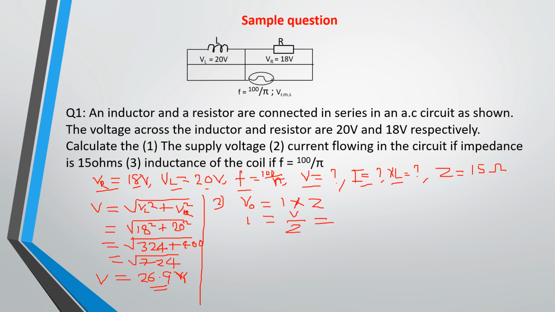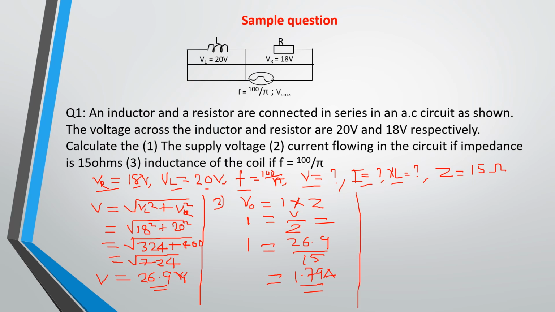So from there we get the value that current flowing I is equals to the voltage, that's what we got just now, 26.9, all over the impedance, which is 15. So if you work that out, you have that current flowing is equals to 1.79 ampere. Okay, so that gives you the current flowing.